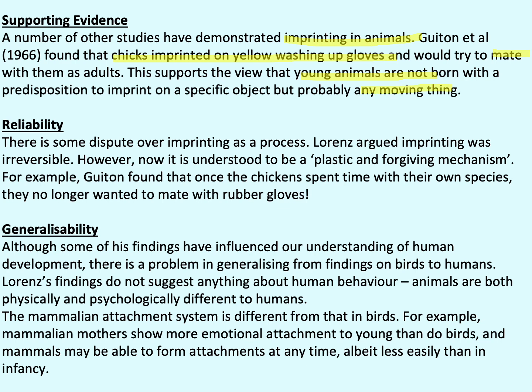There is, however, some dispute over imprinting as a process. Lorenz argued imprinting was irreversible, and that was one of his conclusions. However, researchers say it's a plastic and forgiving mechanism in that it can actually reverse, and that in the chicken study, once they spent time with their own species, they no longer wanted to mate with rubber gloves. So that can be one paragraph there, and it can criticise Lorenz's findings in terms of the reliability.